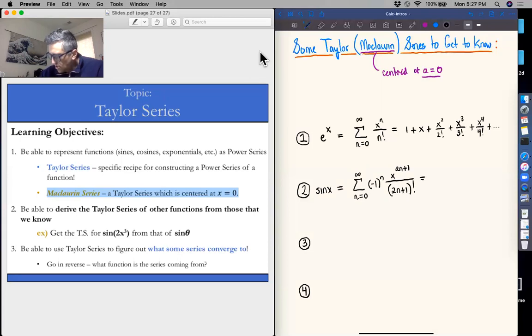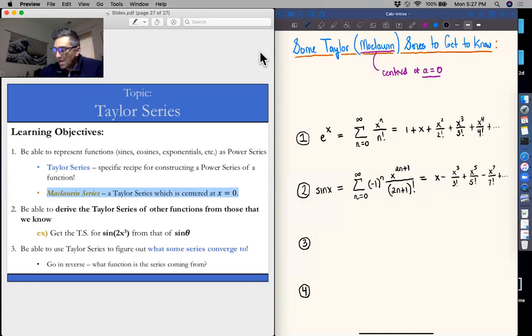So the first couple terms of the sine series are x minus x cubed over 3 factorial plus x to the 5th over 5 factorial minus x to the 7th over 7 factorial, and so on and so forth.